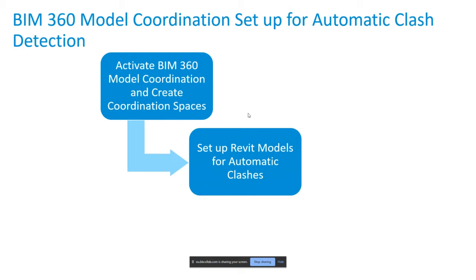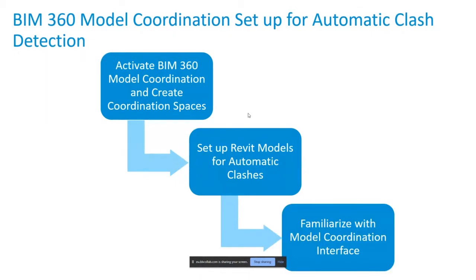A good example is flexible ducts. So if I've got a mechanical model, or if I've got a single federated MEP model, I might want to turn off the visibility of flex ducts, because flex ducts, by virtue of their name, are flexible. So I don't want to include them in clash tests. That way we can set up our Revit models for those automated clashes by creating these views.